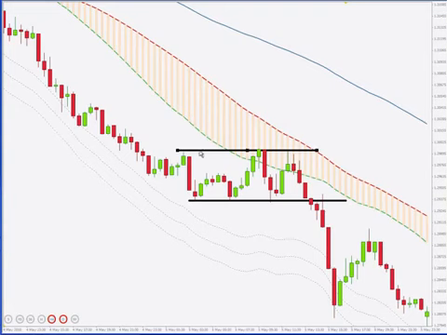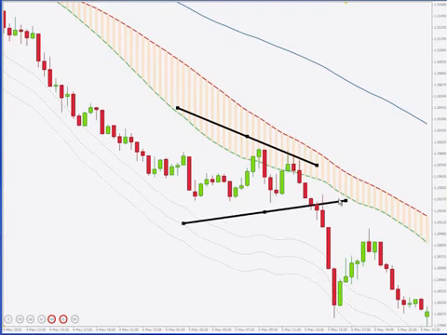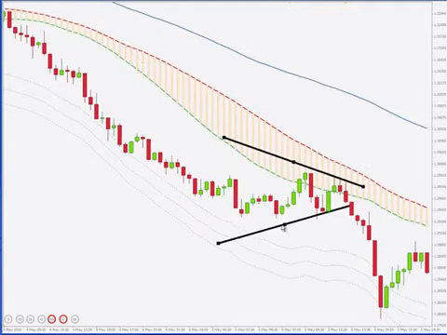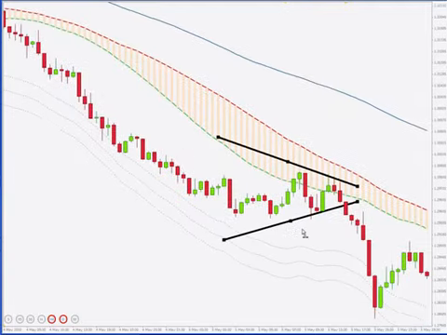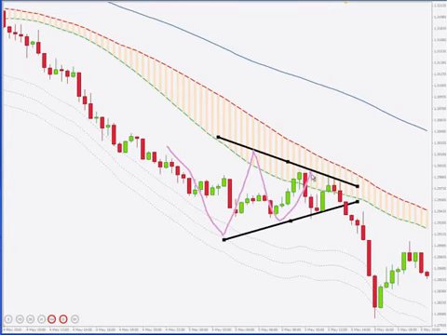Now, let's imagine this, instead of being a sideways range, was a standard triangle. How do you measure the width of the triangle? Let's imagine price followed this type of price pattern before the breakout.